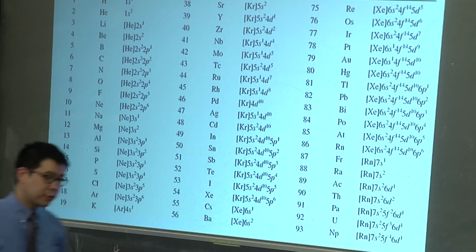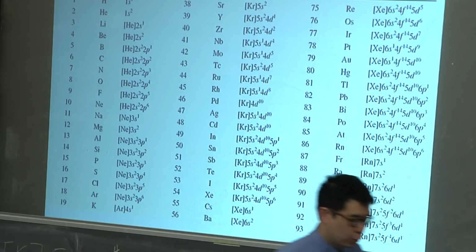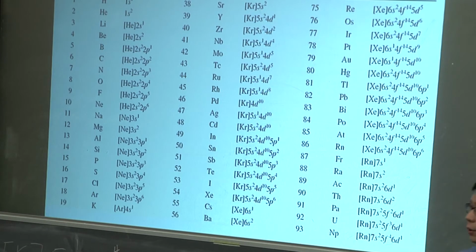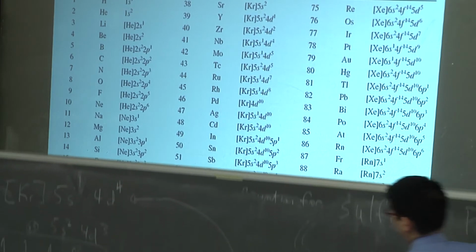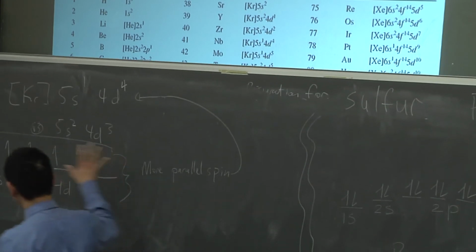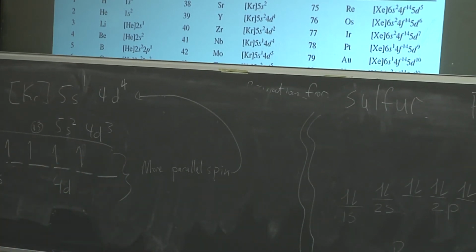All right, and so there's lots of exceptions if you want to look through them. There's 2 exceptions that we're going to have to remember. And so this is the explanation, and they all have to do either with parallel spins or closed shells.